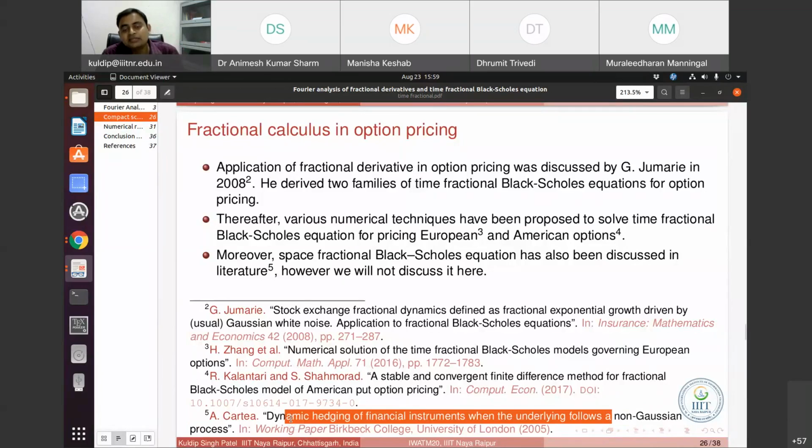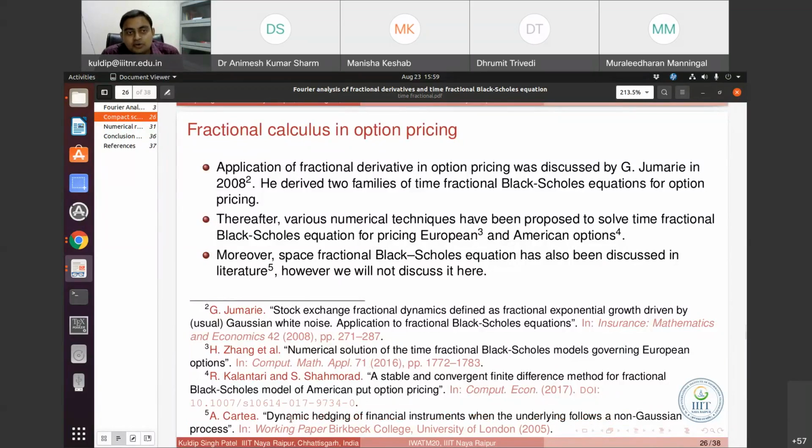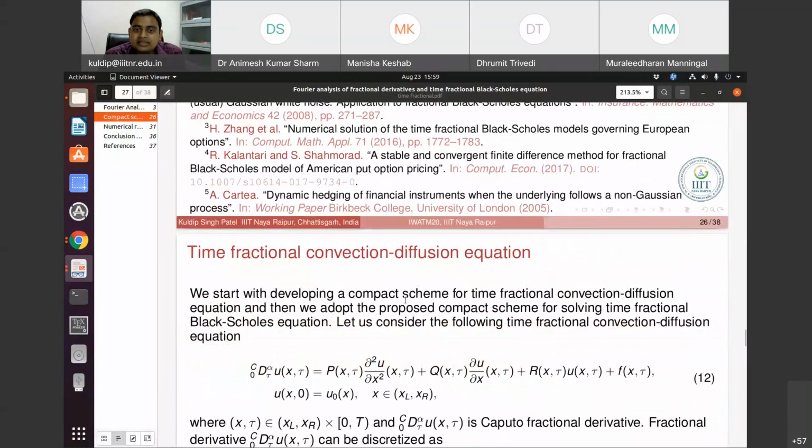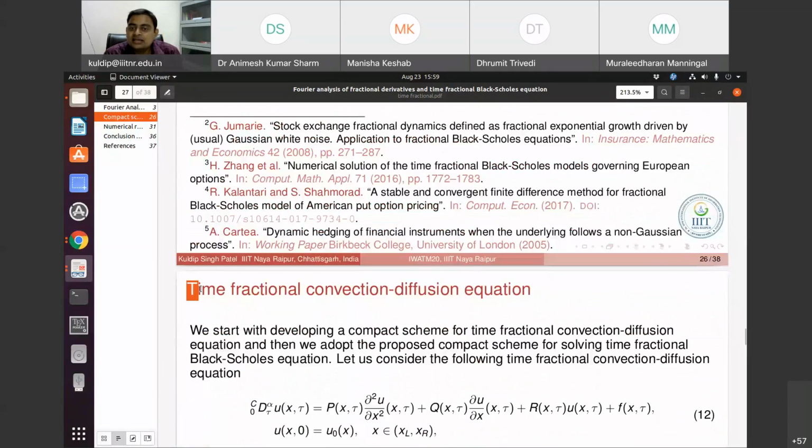But sir, whenever we give an alternative, we are always in the hope that we will get something better, right? So this is our hope. Next, we will start with the time fractional convection diffusion equation, and we'll propose a fourth order accurate scheme.